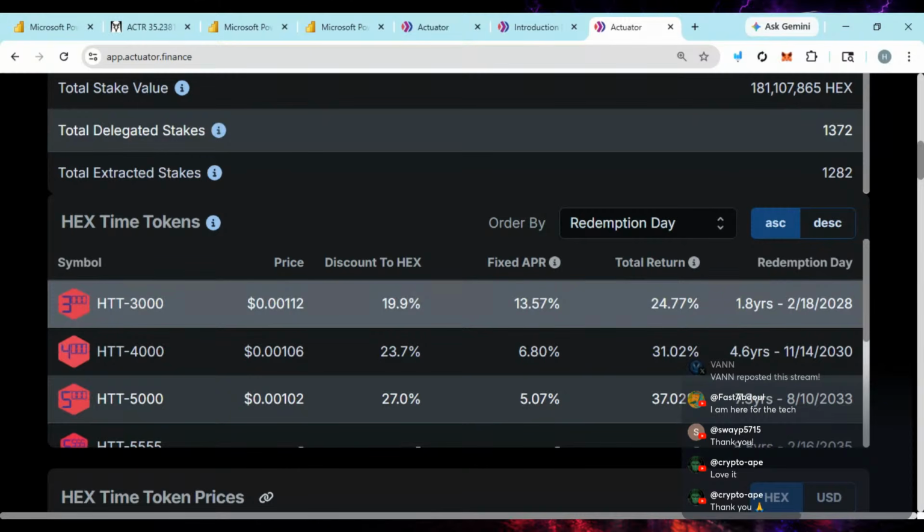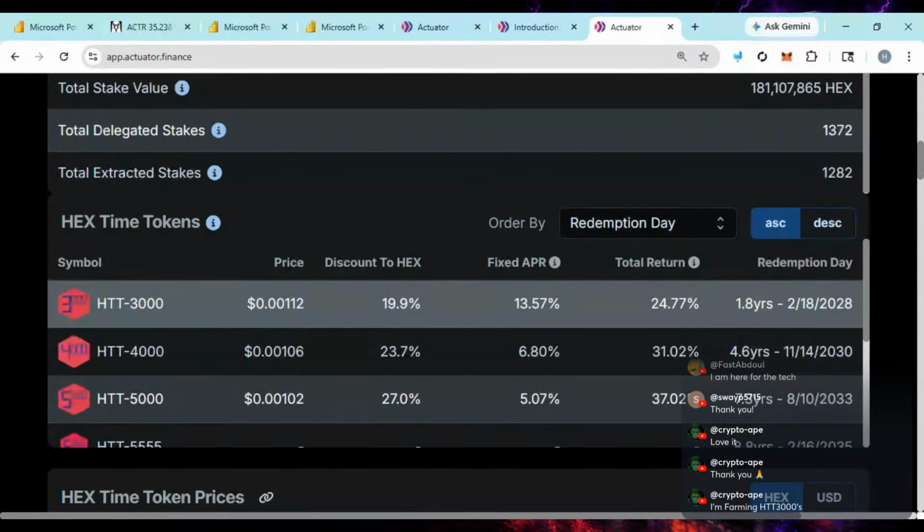If somebody's able to pick up an HTT 3000 now and it's truly at a discount of around 20%, that would mean that you're going to get 20% more, and so your return will be just a little bit higher than 20%. So maybe it's roughly 24, 25%. And from that, you can back calculate by year and divide by the number of years. And that comes out to about 13.57% APR.